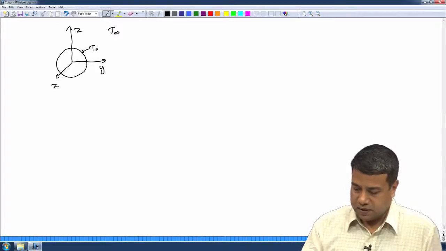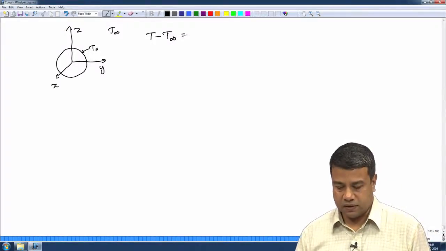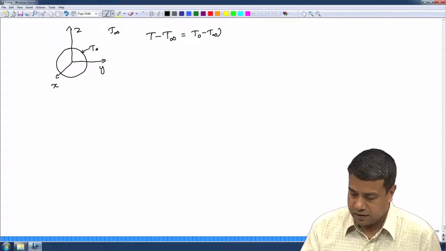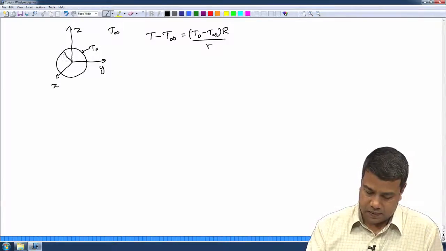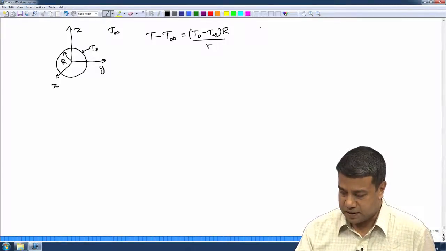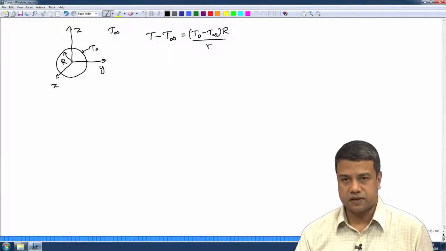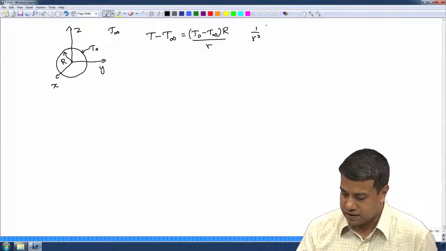The disturbance to the temperature field due to the presence of this surface with temperature T naught, T minus T infinity, was equal to T naught minus T infinity times R by r, where capital R was the radius of the sphere. This satisfies the spherically symmetric differential equation, because in this case there is no variation in theta and phi. So, this satisfies the spherically symmetric conservation equation.